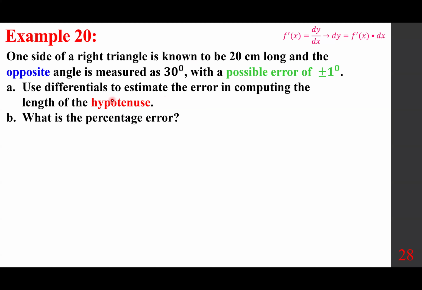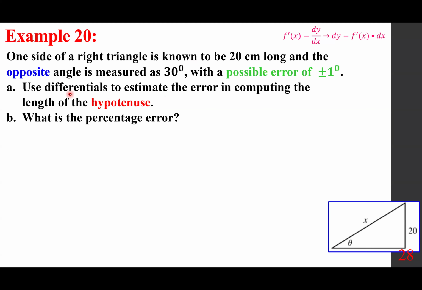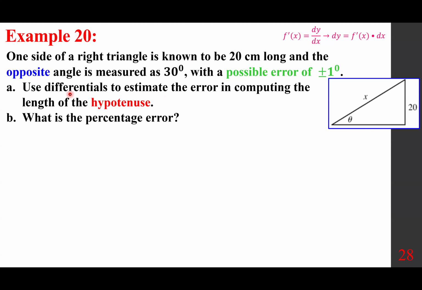Well, the first part is just using the differentials. And so what we do is the drawing. You have to have the drawing. You have to have your variables defined. So this is the angle theta. One side is 20 centimeters, opposite the angle that is supposed to be 30 degrees, with a possible error of plus minus 1.